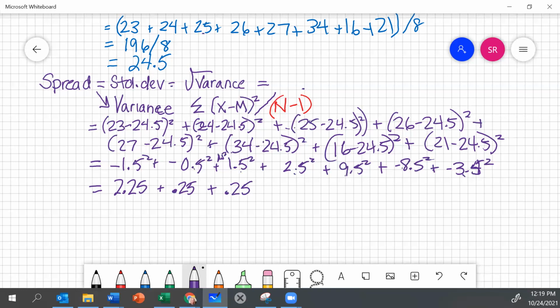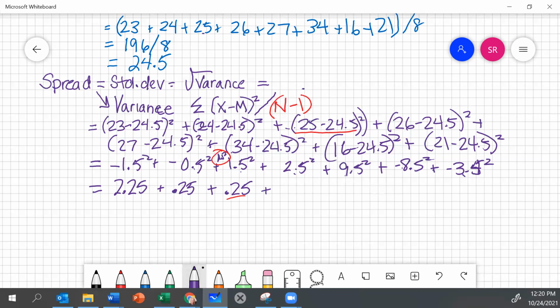I knew I missed one because I only had 7, and this is the one I missed. So I have just filled it in right here. Plus 1.5 plus 2.5 plus 9.5. Now what I was doing was just writing down the differences again.